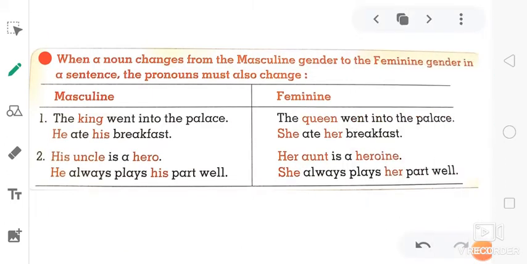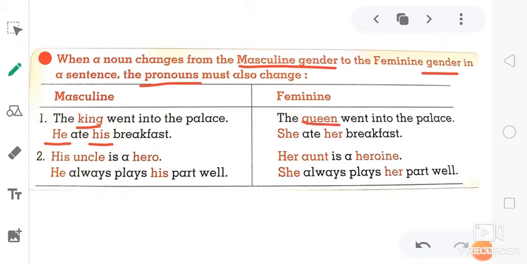When a noun changes from the masculine gender to feminine gender in a sentence, the pronouns must also change. The king went into the palace. He ate his breakfast. When we change masculine into feminine, king will change into queen.